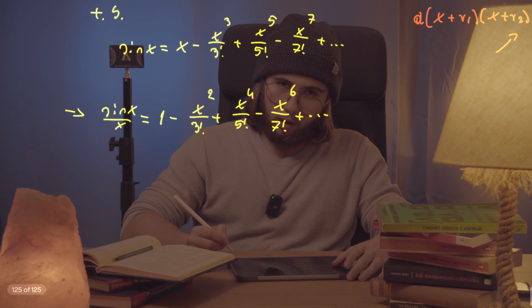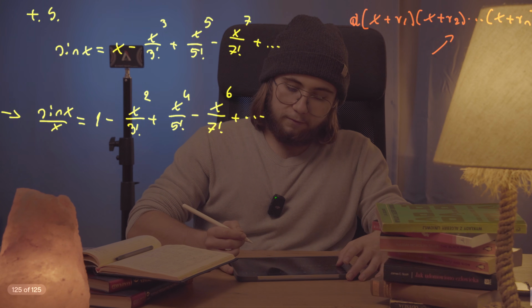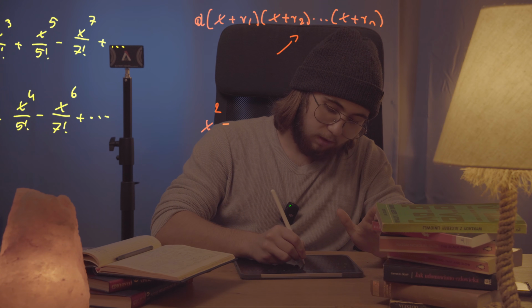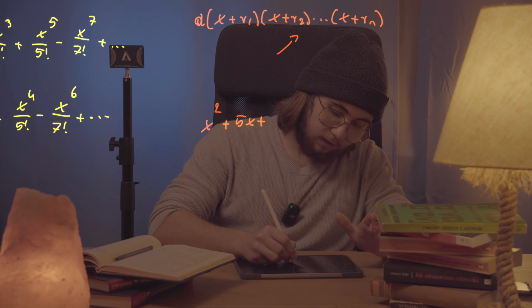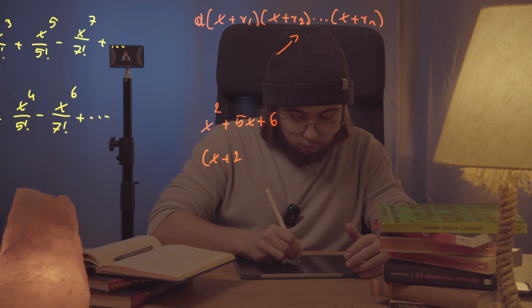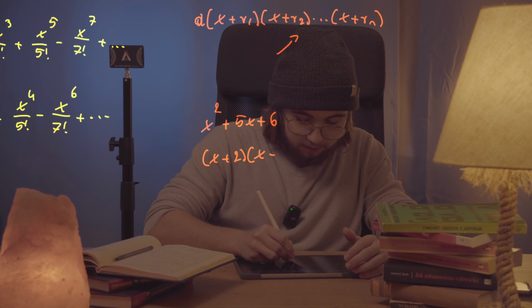Okay, one more thing. Whenever we factor a polynomial, let's say we want to factor x squared plus 5x plus 6, it's going to be x plus 2 multiplied by x plus 3.